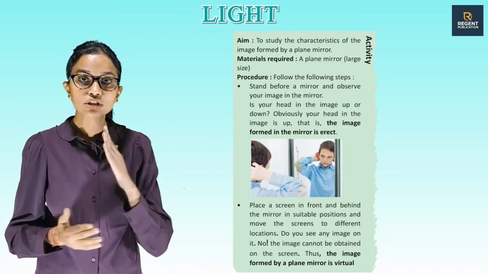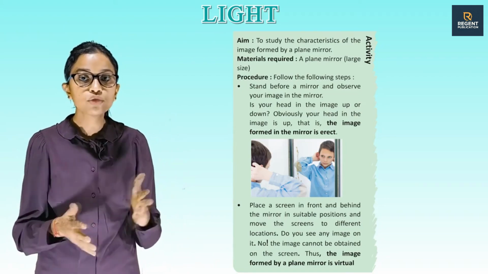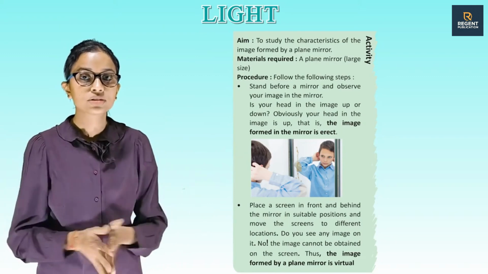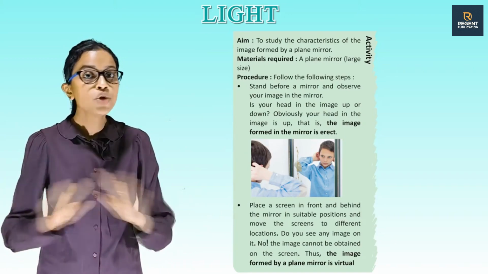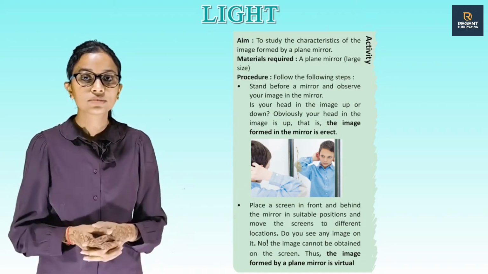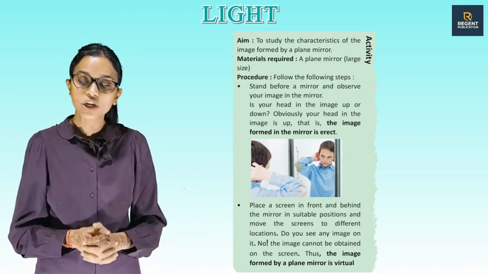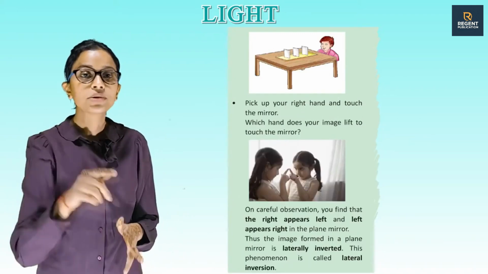Place a screen in front and behind the mirror in suitable positions and move the screens to different locations. Do you see any image on it? No, the image cannot be obtained on the screen. Thus, the image formed by a plane mirror is virtual. Pick up your right hand and touch the mirror.